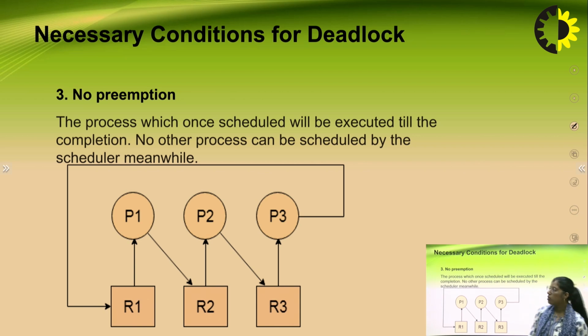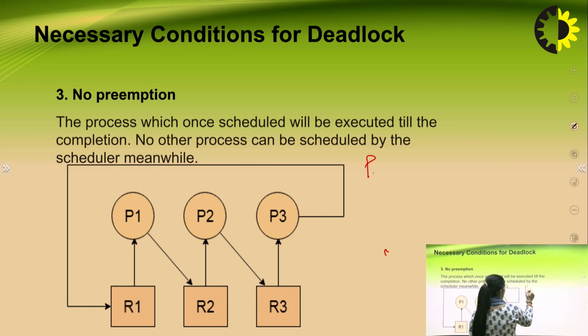Third one is no preemption. The process which is once scheduled will be executed till completion. No other process can be scheduled by the scheduler in the meantime. It means, let's say P1 gets preempted.